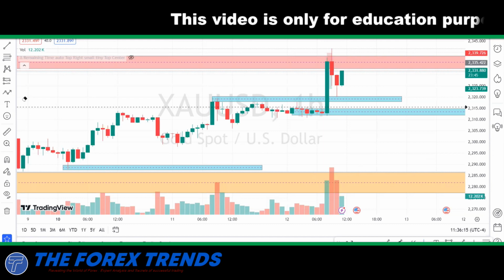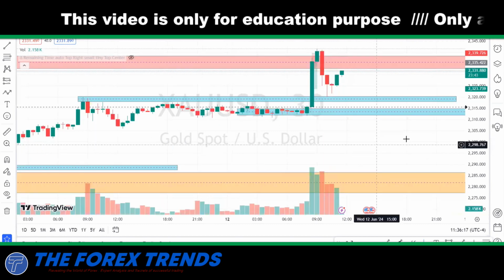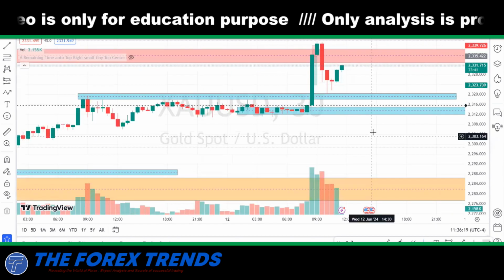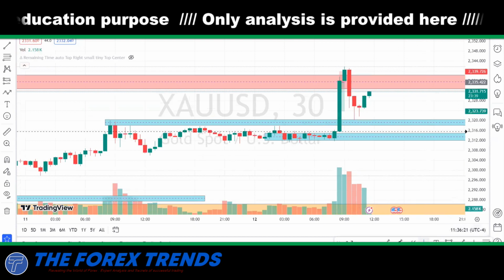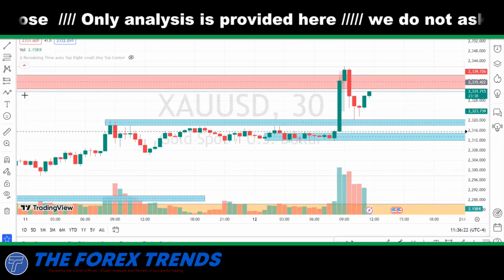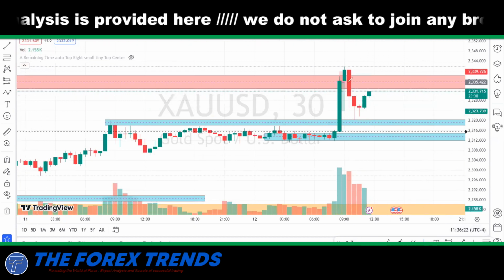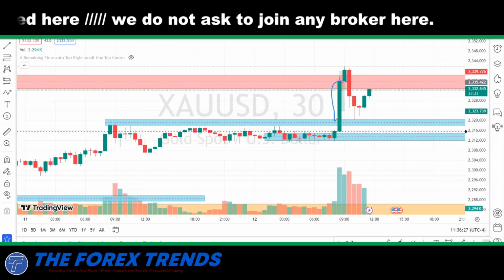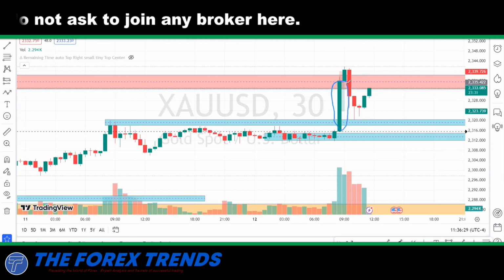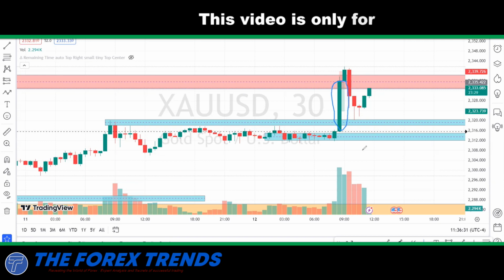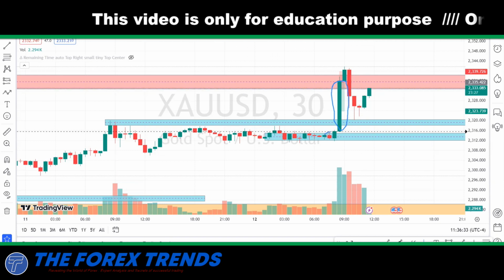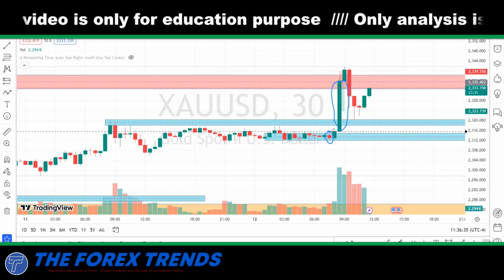If I shift to the 30-minute frame, you can easily see there is a huge fair value gap, and that's why this is a good order block.